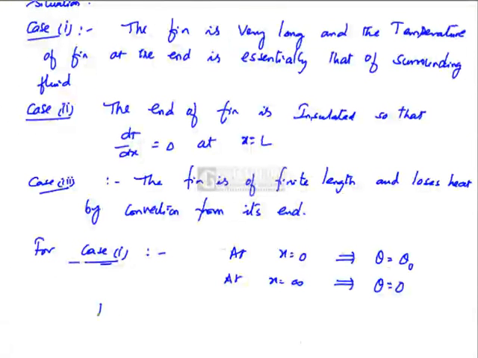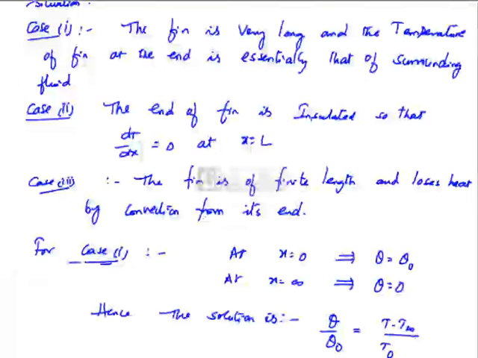Hence the solution is theta by theta naught is equal to T minus T infinity by T naught minus T infinity is equal to e to the power of minus mx.